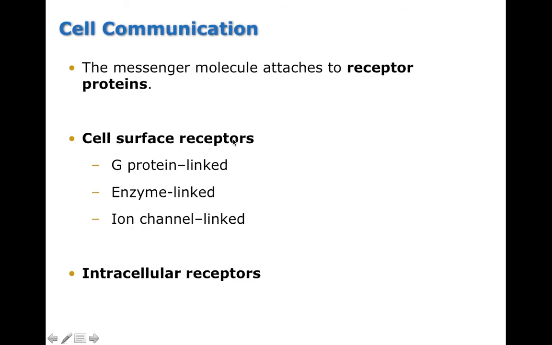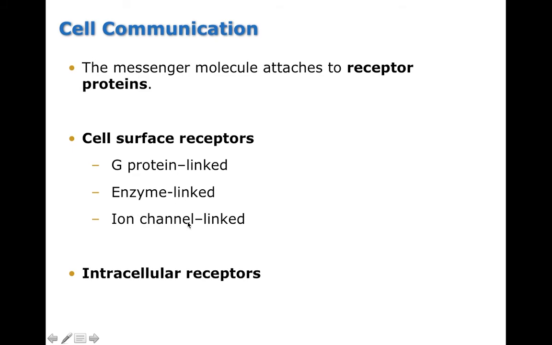Now, cell surface receptors can be things like G protein linked receptors, enzyme linked receptors, and ion channel linked receptors. G protein and enzyme linked receptors are pretty similar in the sense that once the ligand binds to its receptor, you get an intracellular signaling cascade where different enzymes get activated and you get responses within the cell as a result.